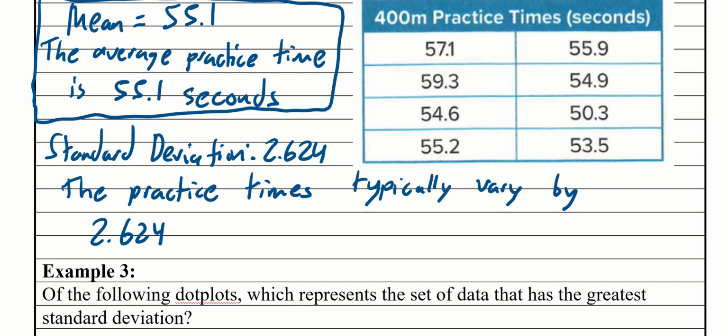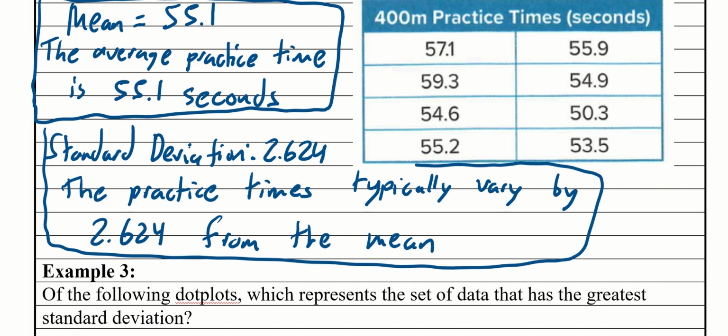So the practice times typically vary by 2.624 from the mean. That is how I explain what standard deviation tells me. It tells me how far the values typically are from the center.